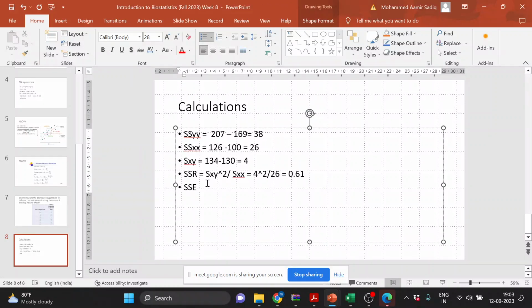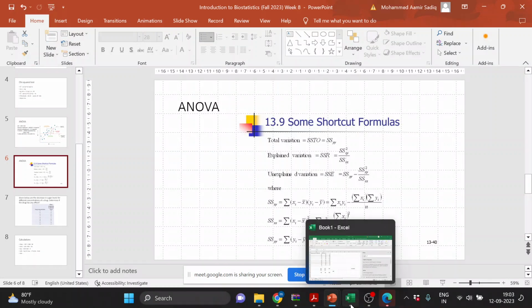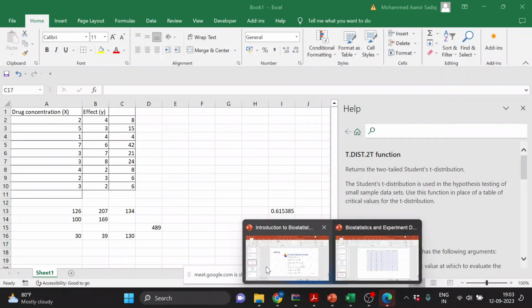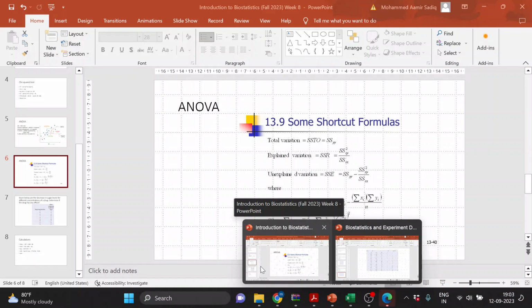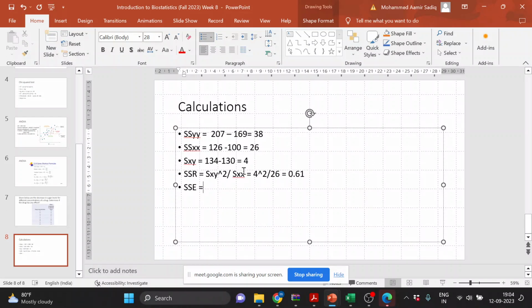Our SSE is SSYY minus this entire thing. So it's 38 minus 0.61, which is nothing but 37.39.